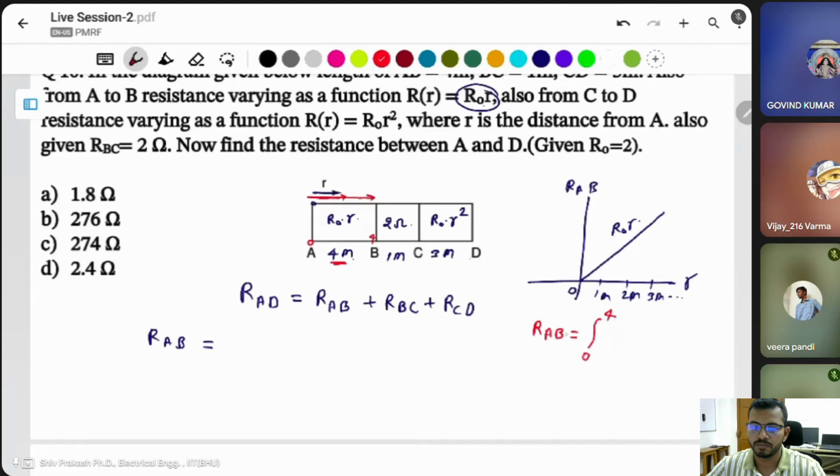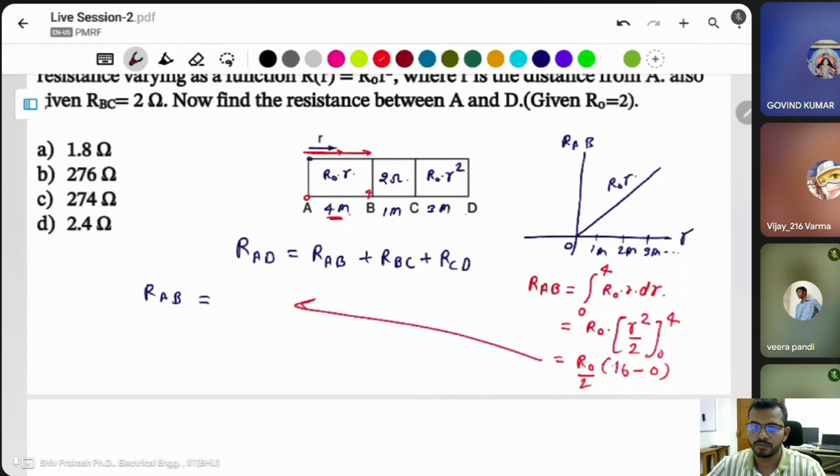4 meter, resistor is given R naught into r with respect to dr. This will be R naught into r square divided by 2, integration of this from 0 to 4. Then this will be R naught by 2 into r square, 4 square is 16 minus 0.